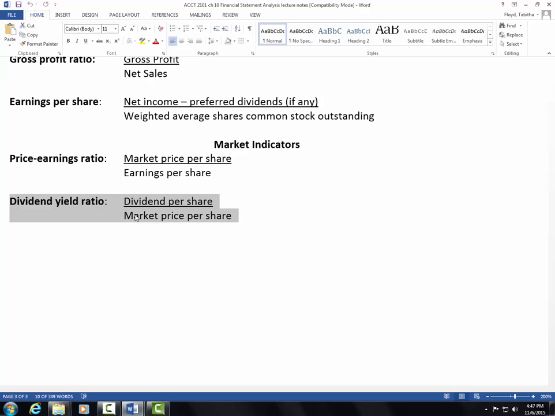So they would rather take the earnings of the company and instead of paying dividends, reinvest that. So buy more equipment, buy more factories, buy more franchises, and build the company up to make more net income. So it just really depends on the investor whether they would want a high dividend yield or not. The higher the yield, that means they're paying more dividends.